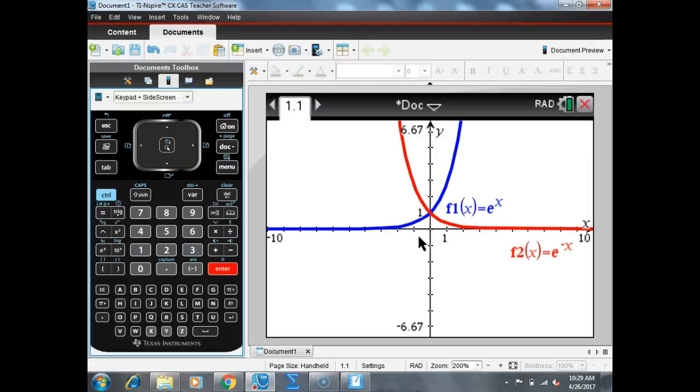Because now, that's really 1 over 2.71, which is between 0 and 1.